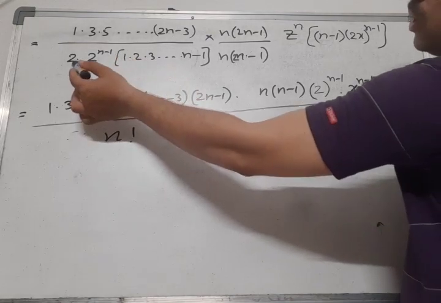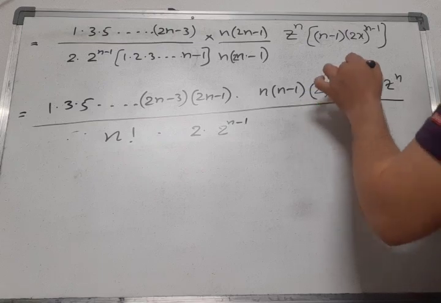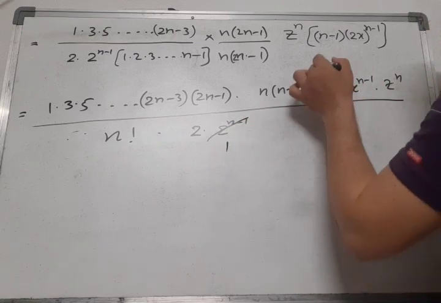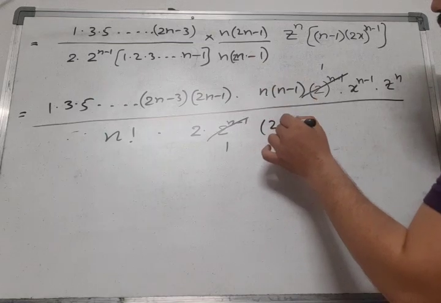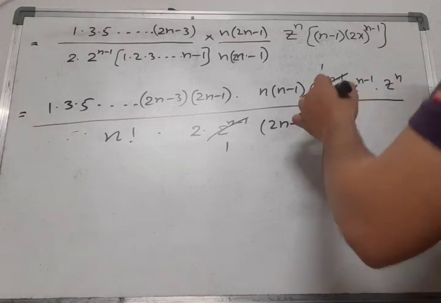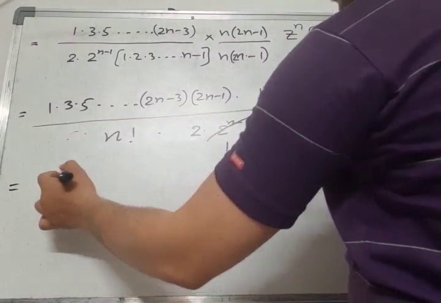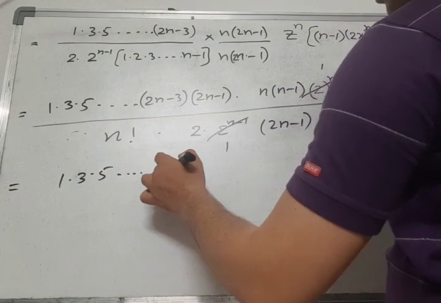And what is left over? 2 into 2 to the power of n minus 1. And 2 to the power of n minus 1, 2 to the power of n minus 1 both get cancelled. 2 is left over and 2n minus 1 is left over. Okay? Got it? Right. So this is the term I am rewriting in a fresh mode. 1 into 3 into 5 and so on, 2n minus 1.